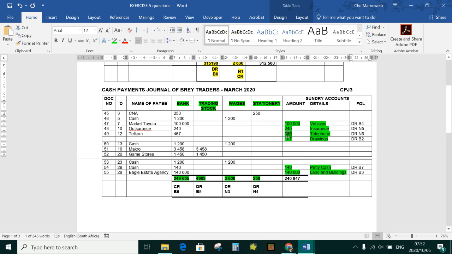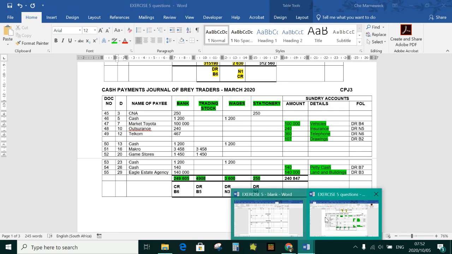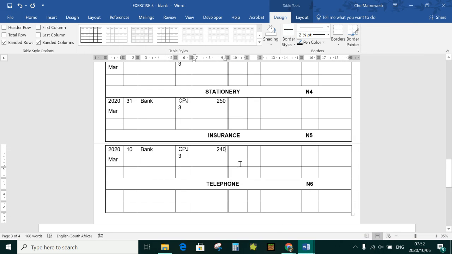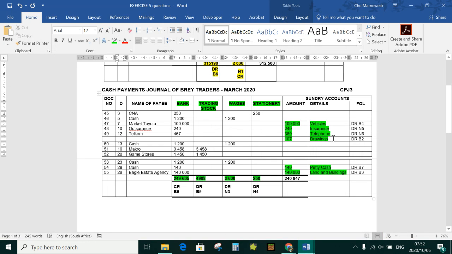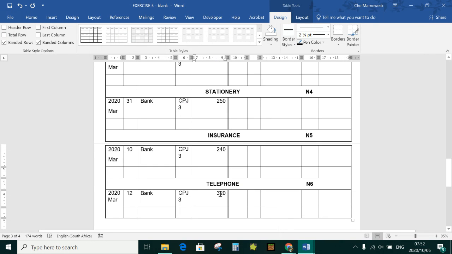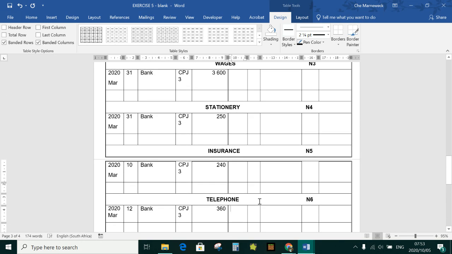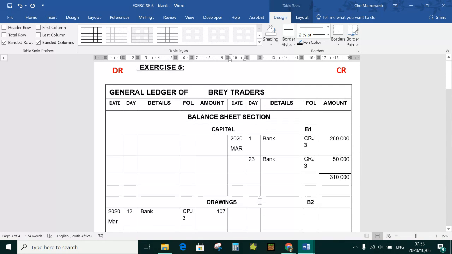It's sundry, so we take the 360 on day 12. So 2020, March, day 12, bank, CPJ3, 360. Okay, and that is the general ledger for exercise 5 done.